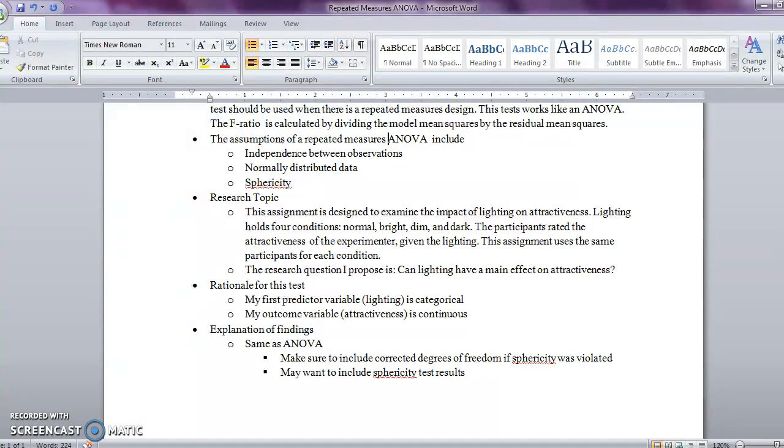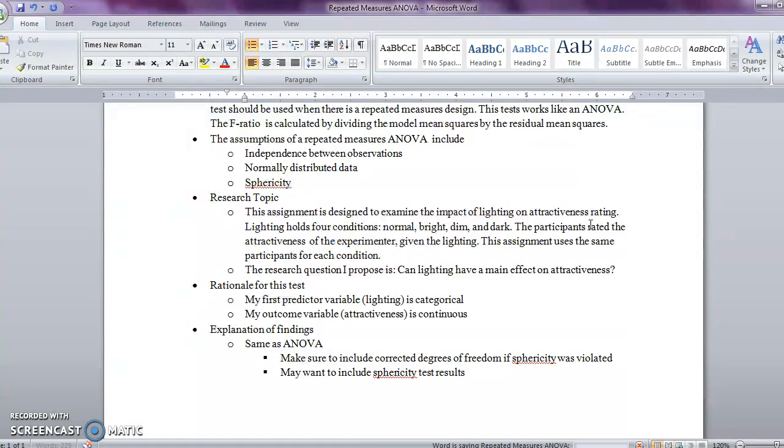But I'm not saying that with dim lighting, a person will be rated as more attractive because the lighting causes it. I'm saying it potentially influences it. So maybe I should be more specific.